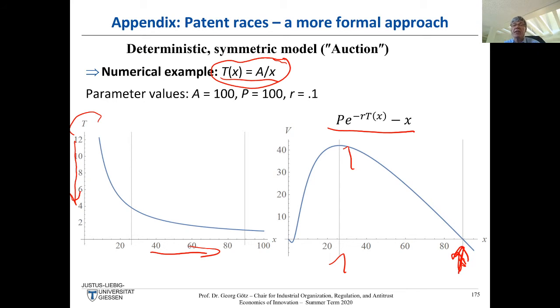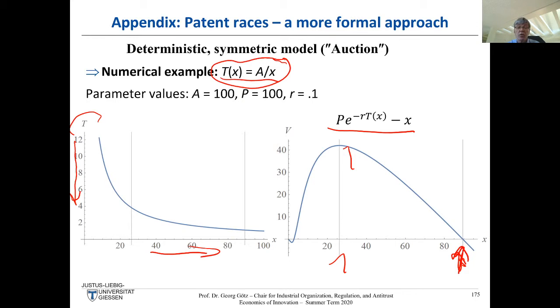So if you invest, say, an X of 89, your profit is 0. But the problem is, how much will your rival invest then? It will invest 0. But if your rival invests 0, how much will you invest? Actually only 26. But then our game starts from the very beginning again, and your rival will invest 27.